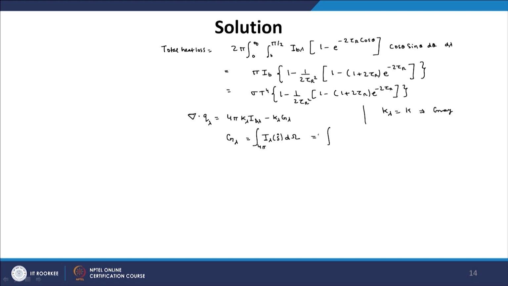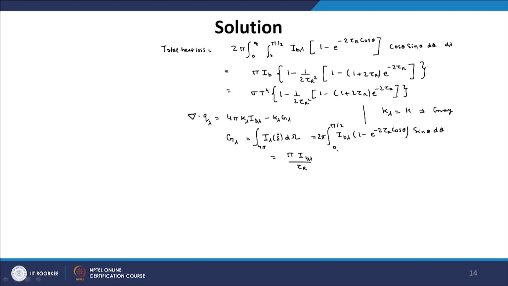This will be equal to 2 pi I_B lambda times 1 minus e power minus 2 tau r cos theta, that is the intensity, times sin theta d theta, and we have to integrate from 0 to pi by 2. Once we simplify this, we get pi times I_B lambda upon tau r.